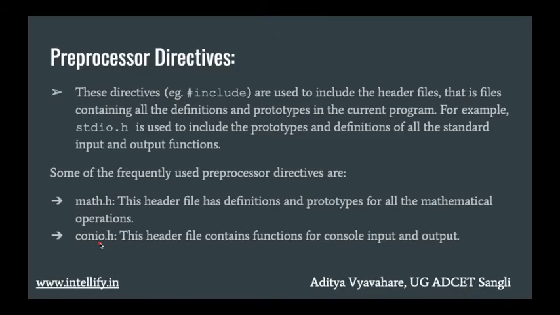Math.h is used when you are using mathematical operations, like when square roots or cube roots are to be taken. At those times, math.h is the header file which is used along with stdio.h. And conio.h is not always used. It stands for console input and output. Conio.h is used for a few compilers like Turbo C or Turbo C++.